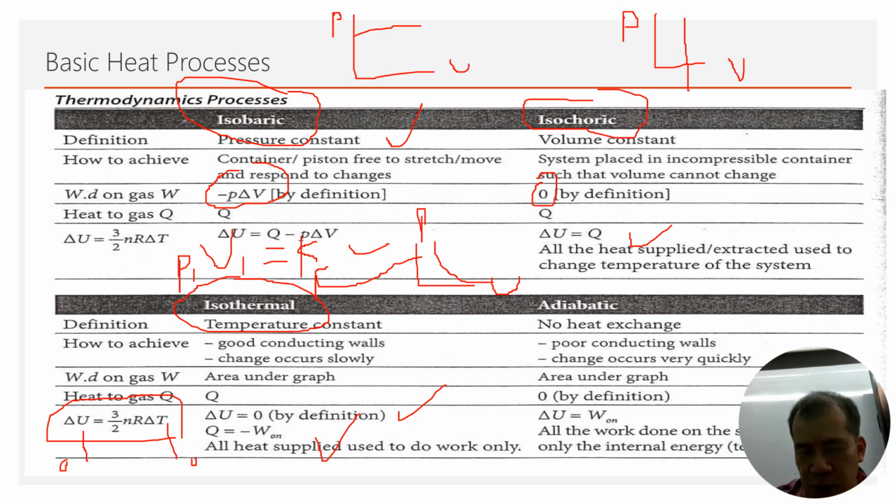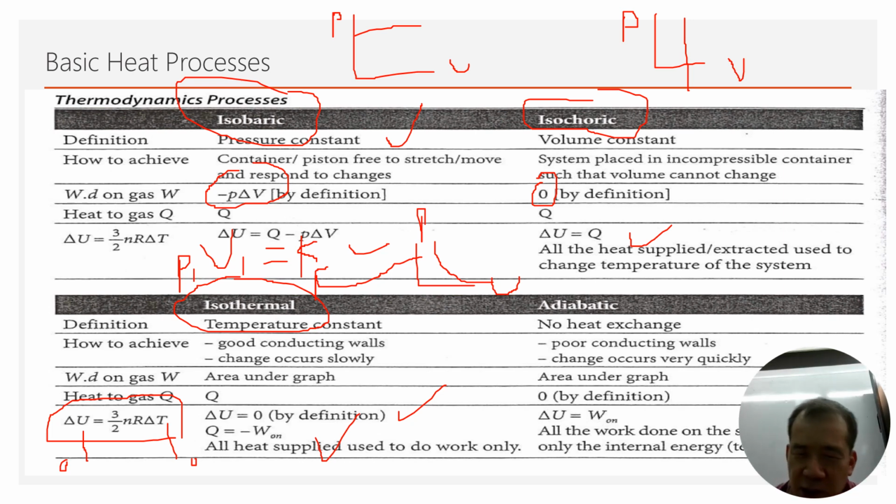Now, the last process is called adiabatic, which means there's no heat exchange. The change occurs very, very fast. For example, if you poke a hole through an insecticide container, the gas escapes so fast that the container feels cool to the touch.